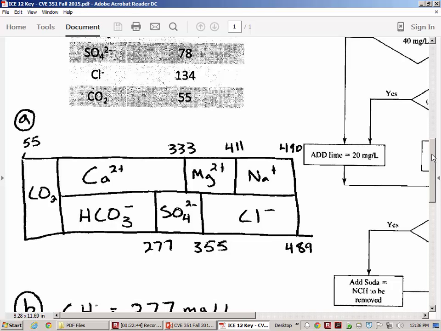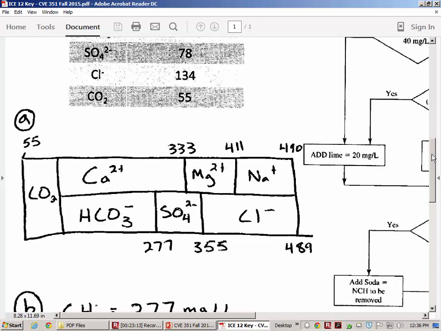Machines measure things sometimes with some error. Like if you're measuring the pressure of your tires, your gauge maybe has 1% error. If you're measuring the weight of something, a scale can have error. So whatever instrument was used to measure these in the water probably had some error, and when you add it up, there's 490 milligrams per liter of cations and 489 of anions. And so that's okay. Don't be thrown off by that.